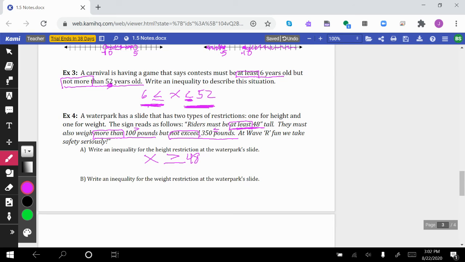So for part B, this is going to be a compound inequality because we have two numbers. So we need to write an inequality for the weight restriction. So we have x. We know you have to be more than 100 pounds. And we know that you cannot be more than 350 pounds. Okay?